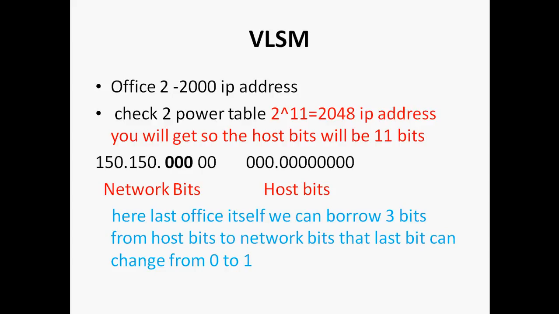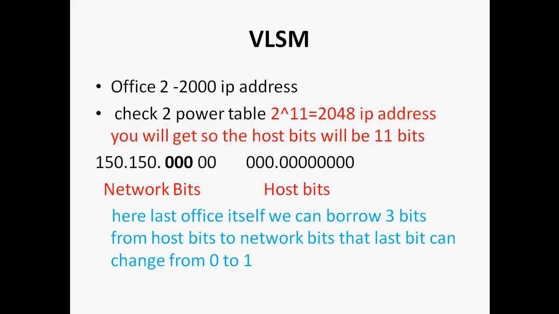So here the first three bits I have bolded, because in the last office itself the first three bits were borrowed from host bits to network bits. And one more thing, in the last office itself we borrowed the first three bits of the third octet from host bits to network bits.